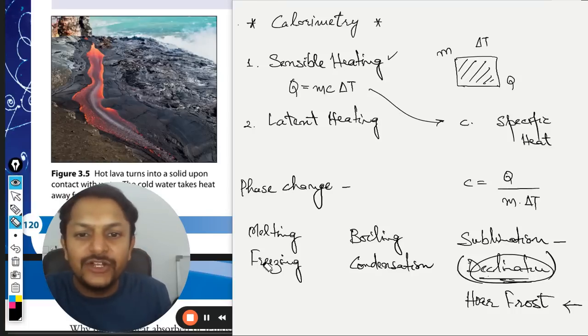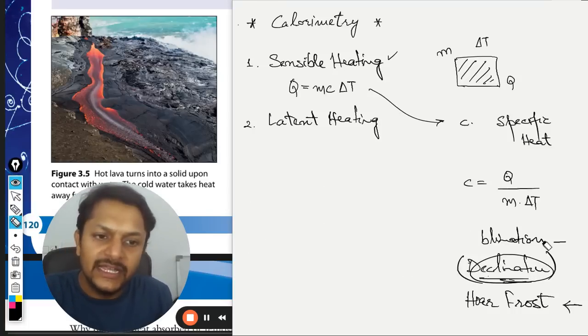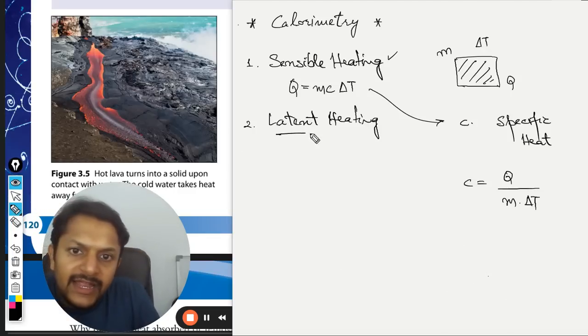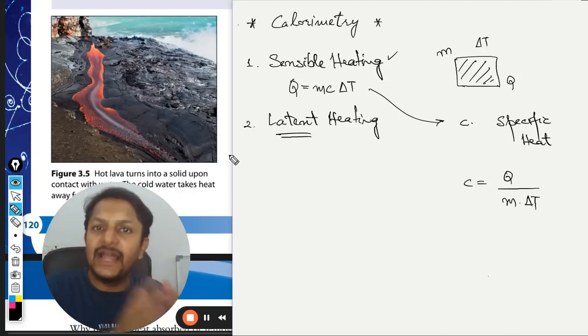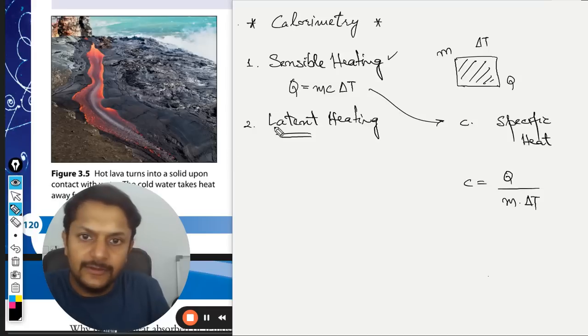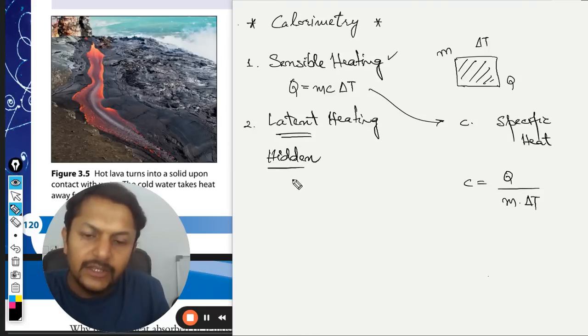When we are talking about this phase change, we talk about the latent heat. Now, what is latent heat? Latent is a word taken from the Latin language, and latent means hidden. So why hidden?